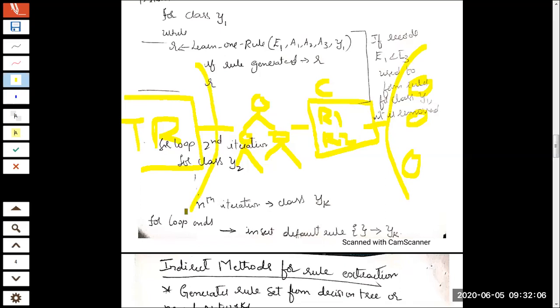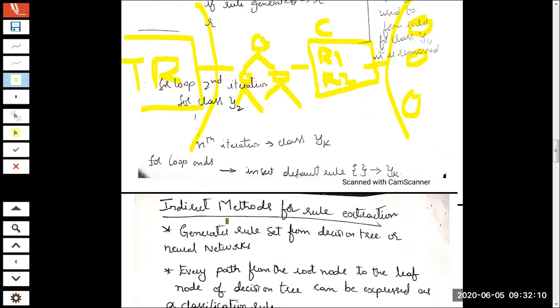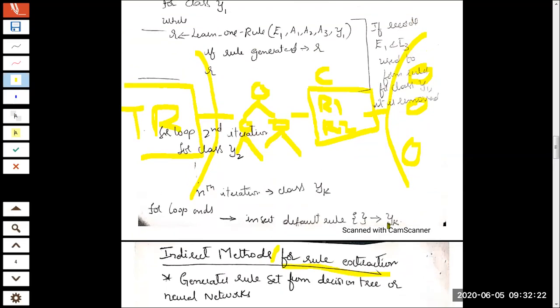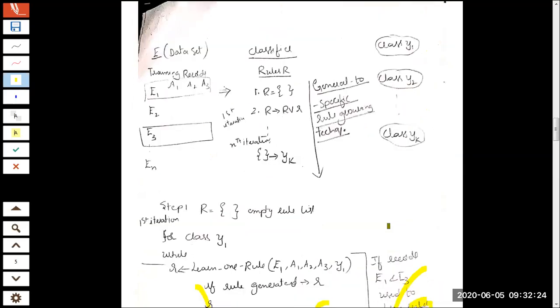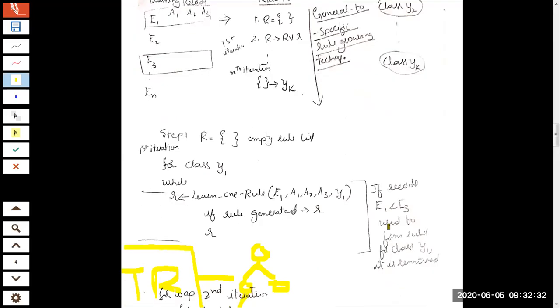Indirect method using decision tree for rule extraction. Oh, I think I missed that as part of the heading. This is indirect method using decision tree for rule extraction. So meaning that what should be done here? Can you directly start building the rules in this case in indirect method? Can you directly start building the rules R1, R2, R3 using the training records?